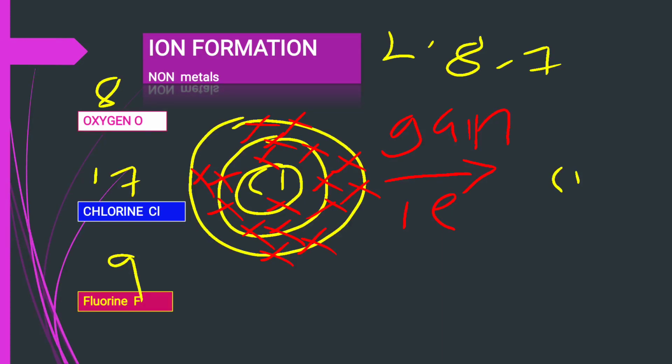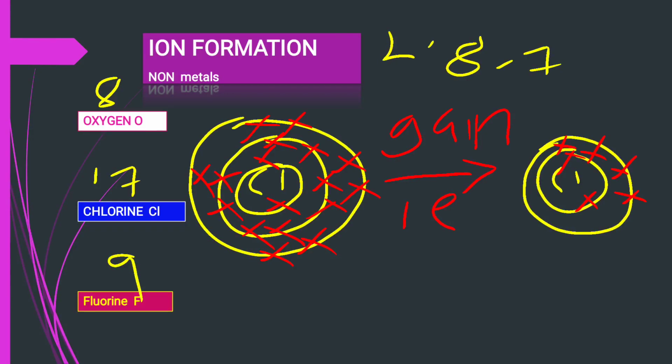Chlorine, we have the first energy level, so the first 2 electrons in the first energy level, followed by 8 electrons in the next energy level.